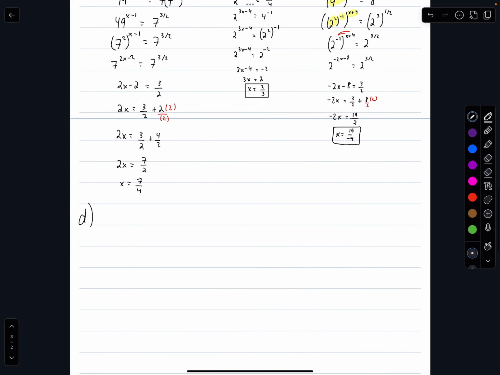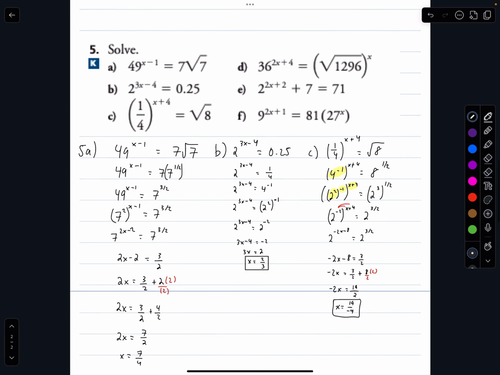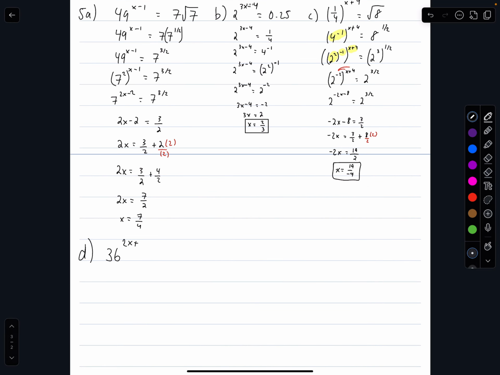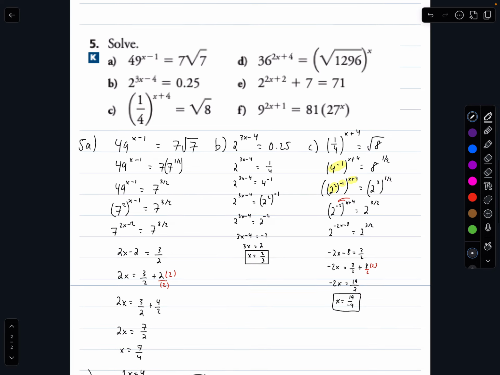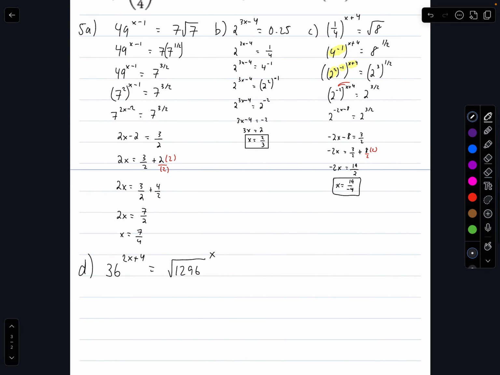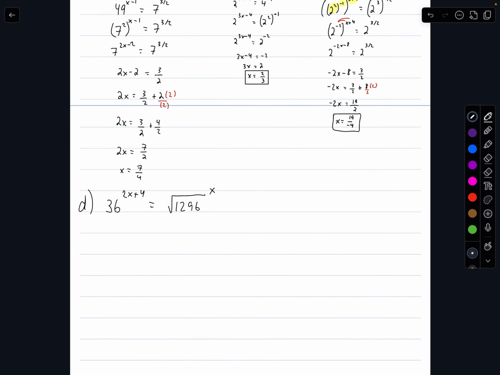So let's look at this one. 36 to the 2x plus 4 is equal to the square root of 1296 to the x. So this one's really interesting, right? You kind of got to use your calculator and some trial and error over here. But this one, it looks hard, but the square root of 1296 is actually 36.